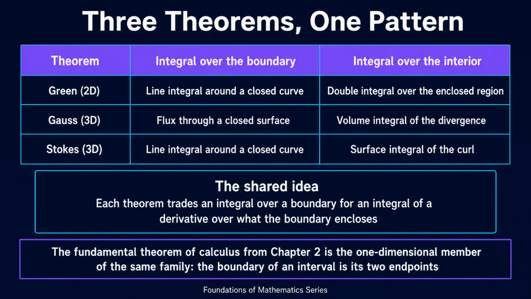In every case, an integral over a boundary is exchanged for an integral of a derivative over what that boundary encloses. Once you see it that way, the fundamental theorem of calculus from Chapter 2 joins the family as the one-dimensional member. The boundary of an interval is just its 2 endpoints, and the integral over that boundary is a subtraction.